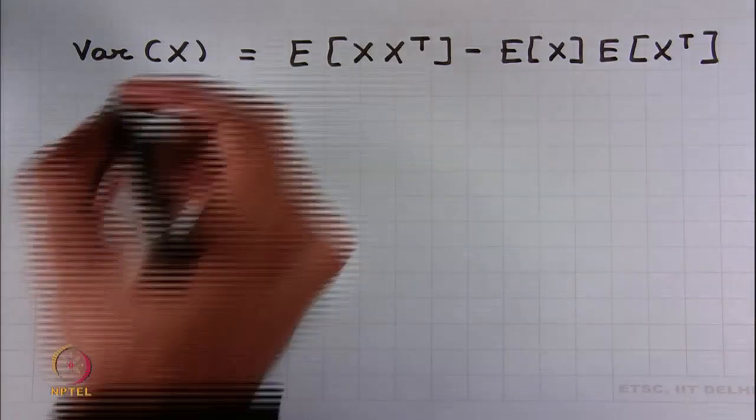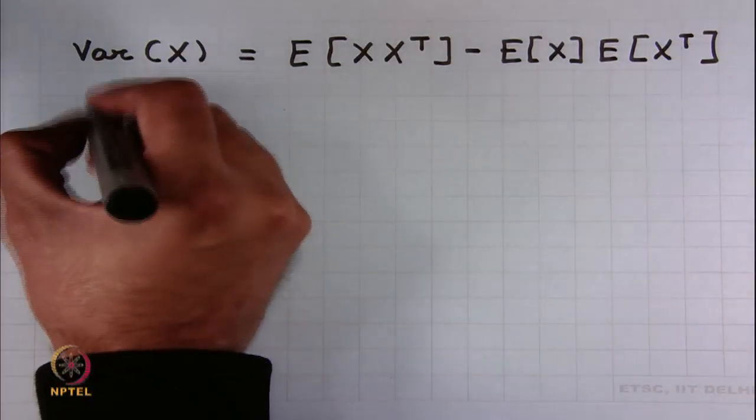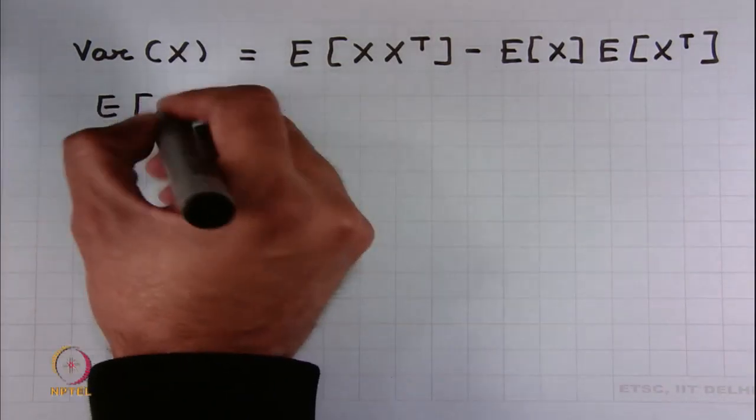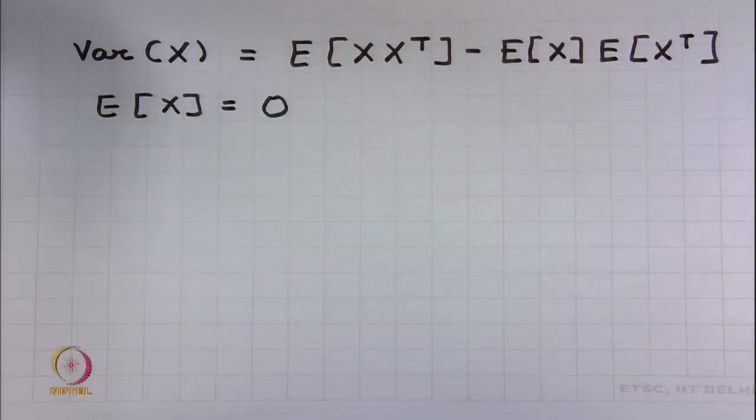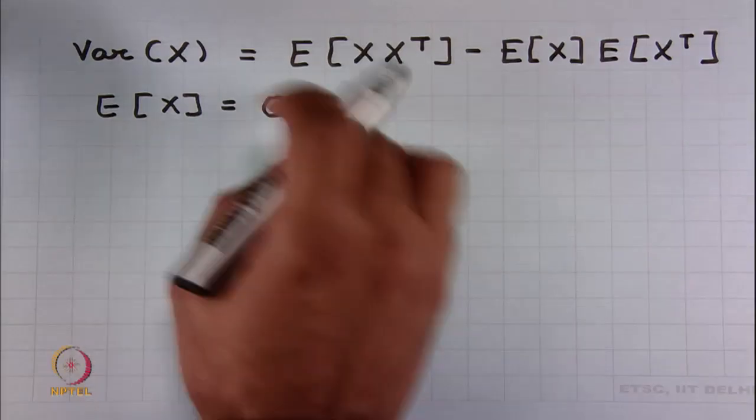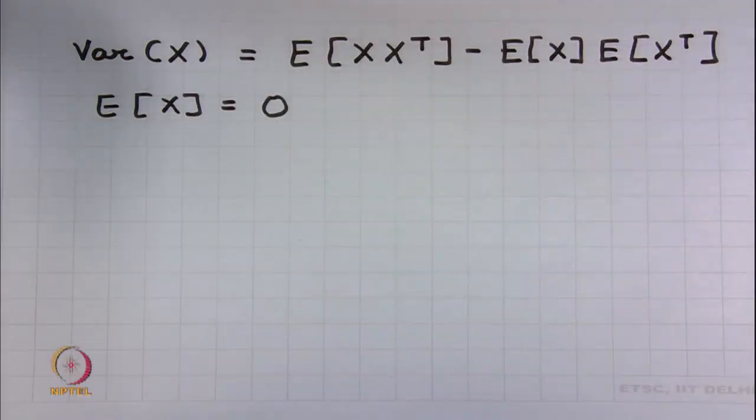Furthermore, what we assume is that this random vector x is a 0 mean random vector, that means expected value of x is 0. And we make this assumption for two reasons. One reason is that it simplifies this expression, and the second reason is that noise is a random process with 0 mean, and thus the random vector obtained would also be with 0 mean.